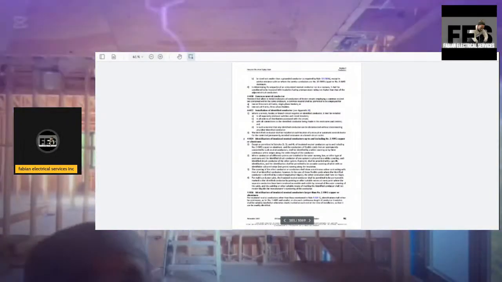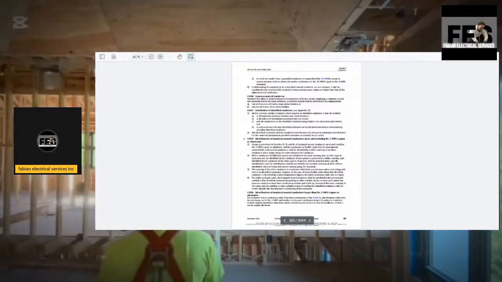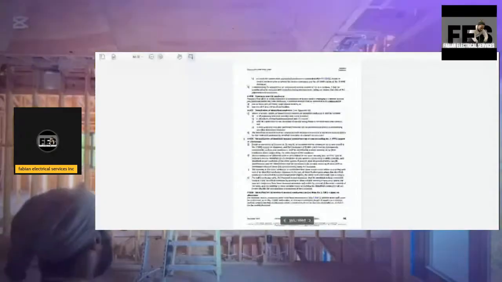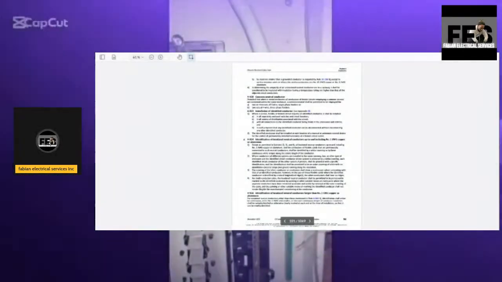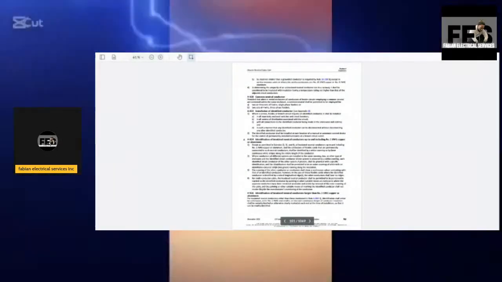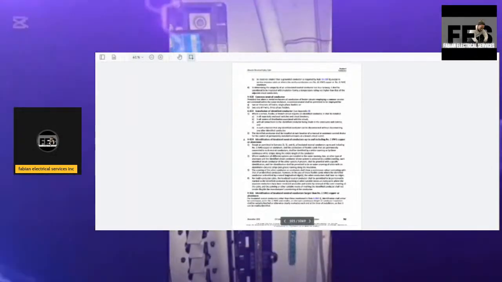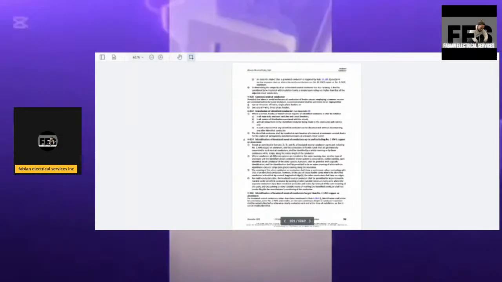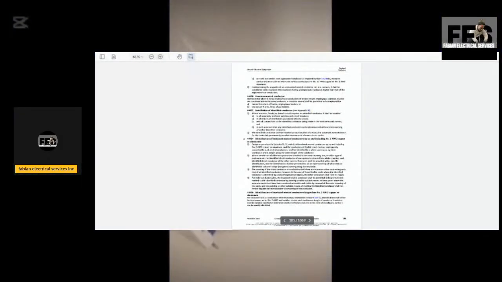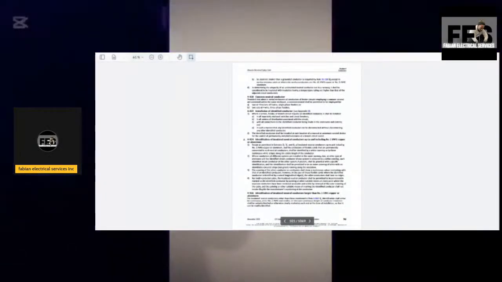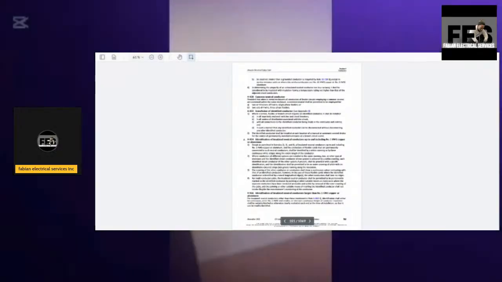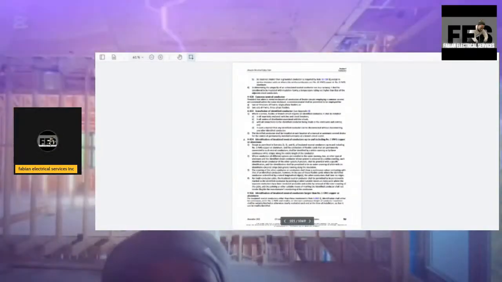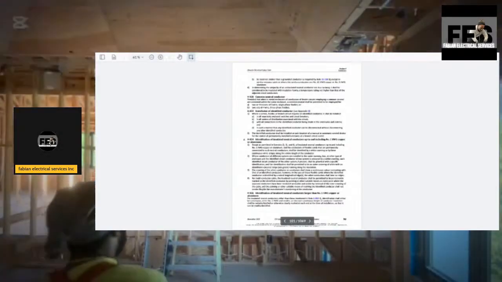So it goes: where conductors of different systems are installed in the same raceway, box, or other type of enclosure, and the identified circuit conductor of one system is covered by a white covering, each identified circuit conductor of the other system, if present, shall be provided with a specific identification.